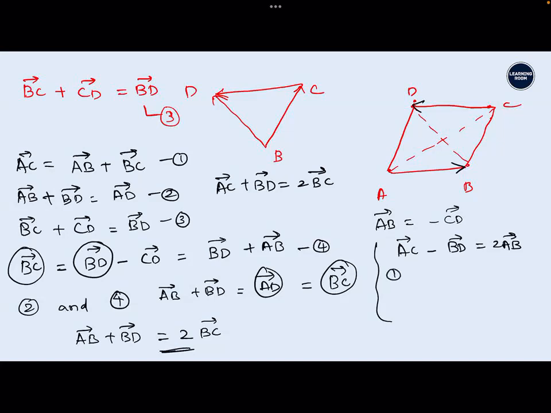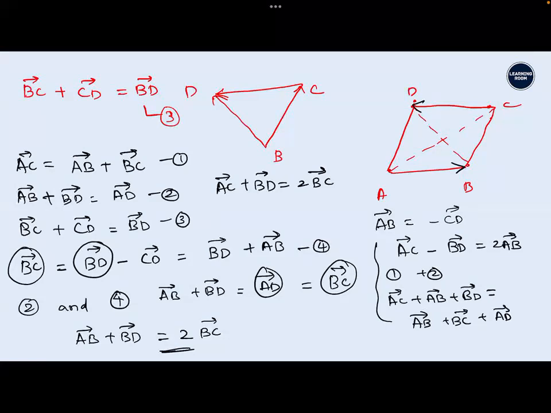For that, what I will do is add the first equation and second equation. Observe. When I add the first equation and second equation, I'll get AC vector plus AB vector plus BD vector is equal to AB vector plus BC vector plus AD vector. But just now we proved that... I'll do a reverse addition.